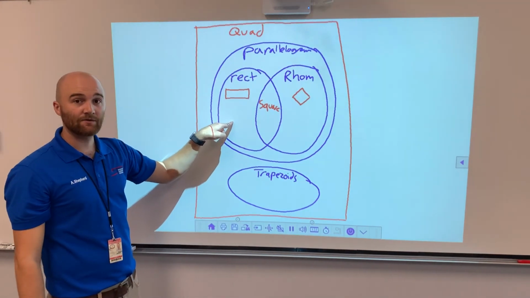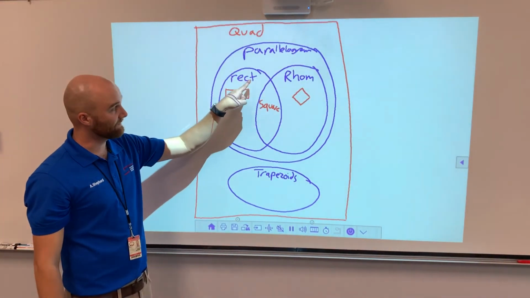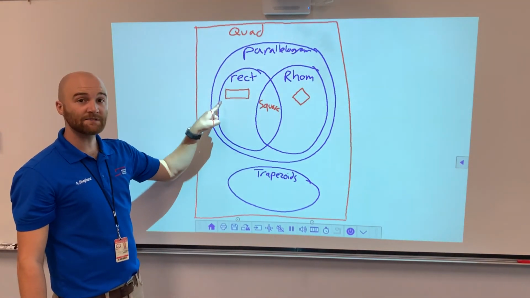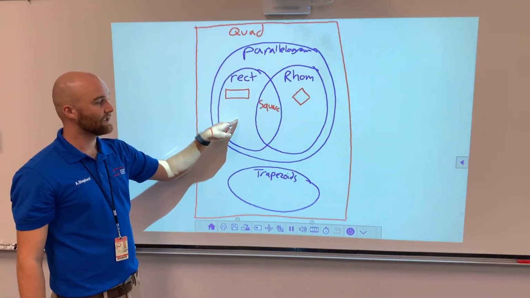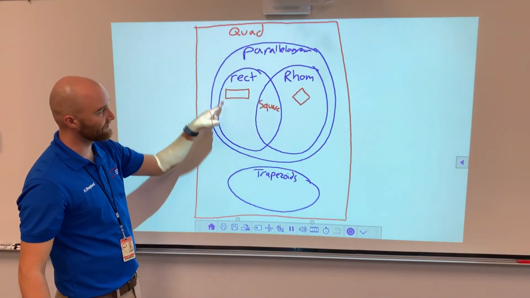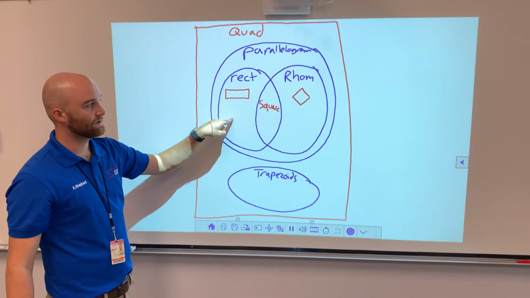So every rectangle is always a quadrilateral. Do you see how sometimes the rectangle is a rhombus? Sometimes a rectangle can also be called a rhombus. Do you see how it never goes down into trapezoids? No matter how I move my finger in rectangles, it can never get down into the trapezoid circle.